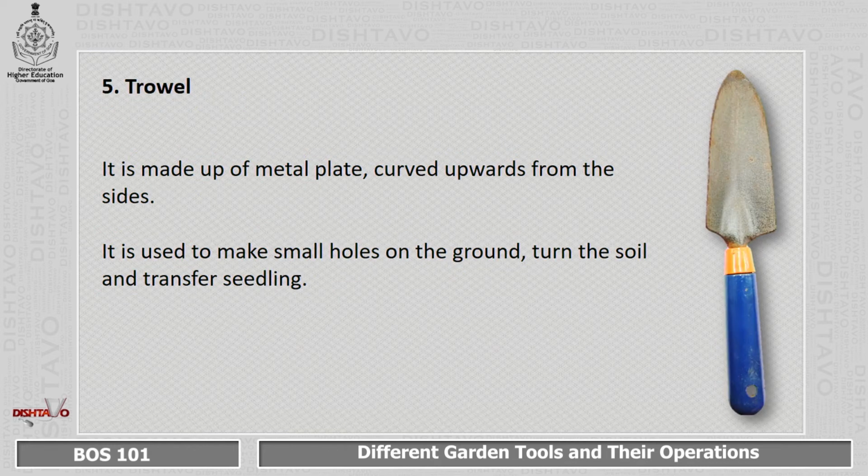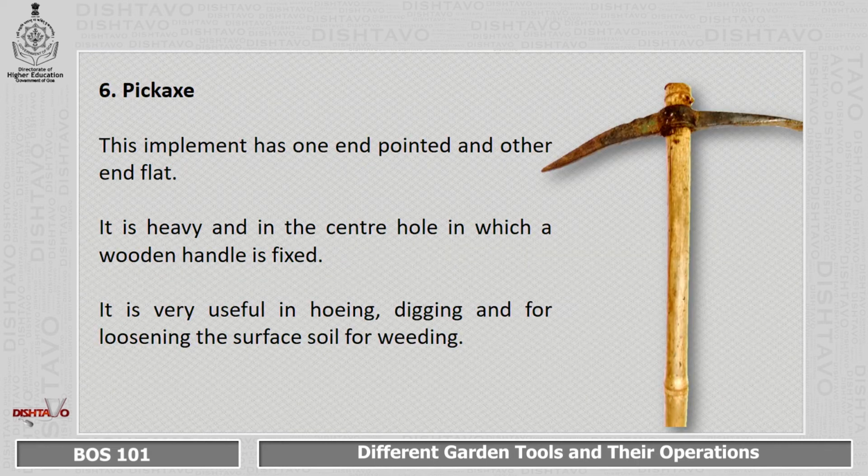The fifth garden implement is trowel. It is made up of metal plate curved upwards from the sides. It is used to make small holes on the ground, turn the soil and transfer the seedlings. Next is pickaxe.